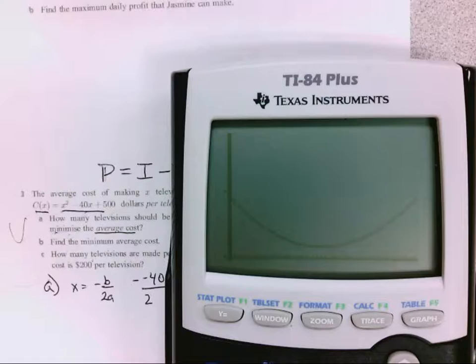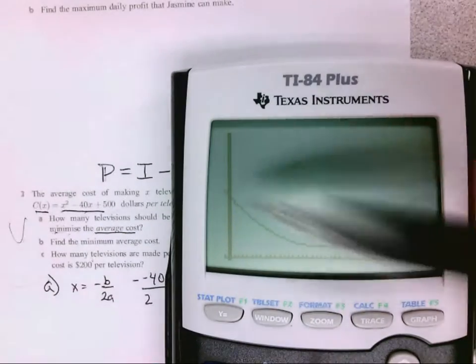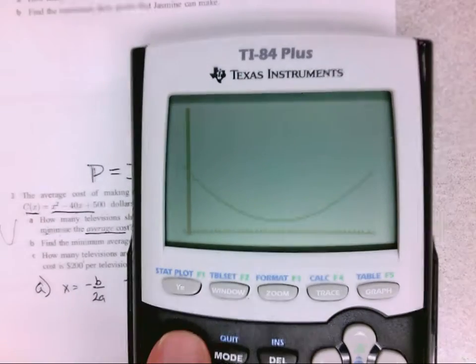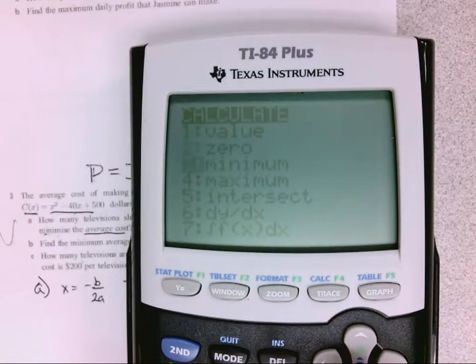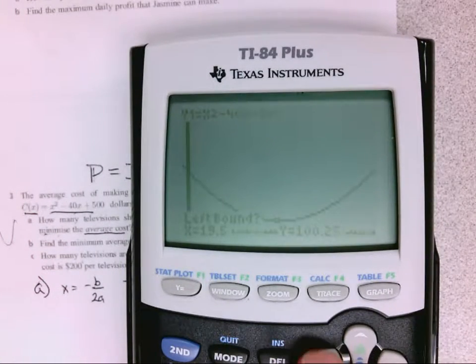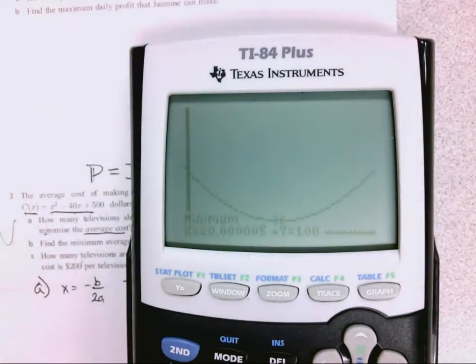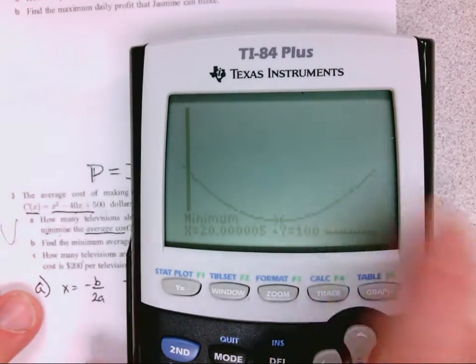As long as I can see where it hits the bottom, sometimes they'll ask about this. How many televisions should be made to minimize the average cost? So I'm going to calculate the minimum. Enter. And again, if you don't like to push those buttons, you could say 21 and then come back to 20. So that point is 20,100.